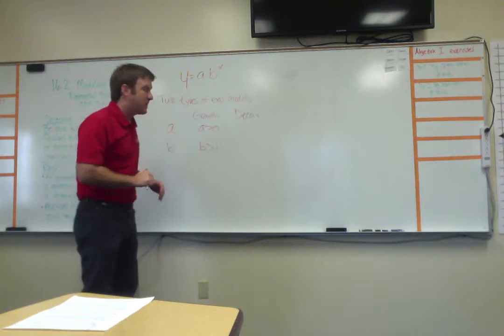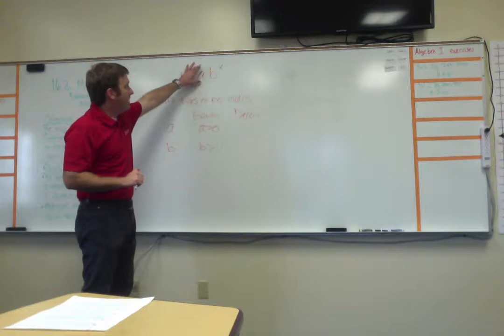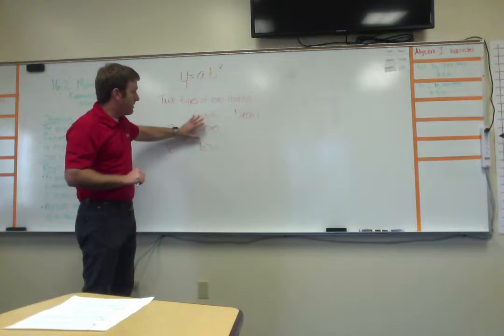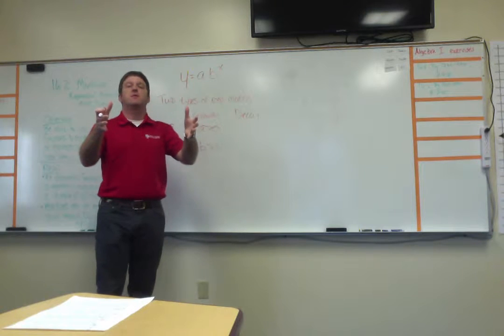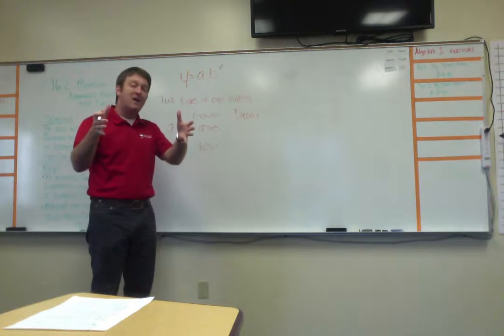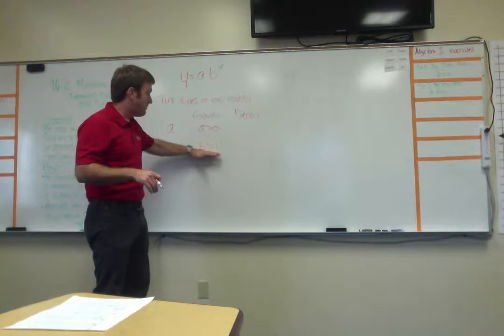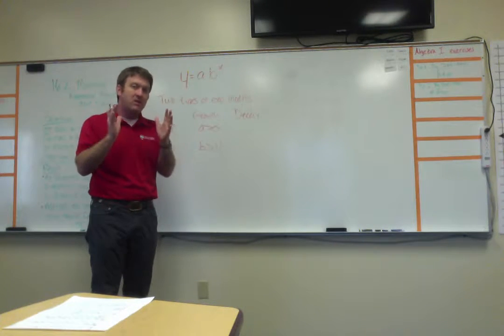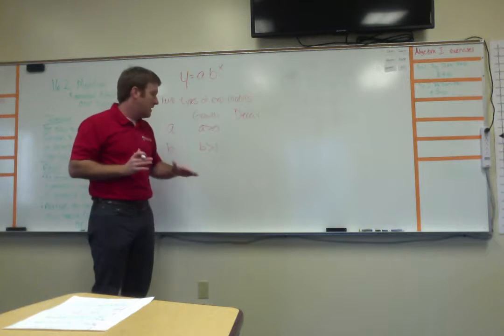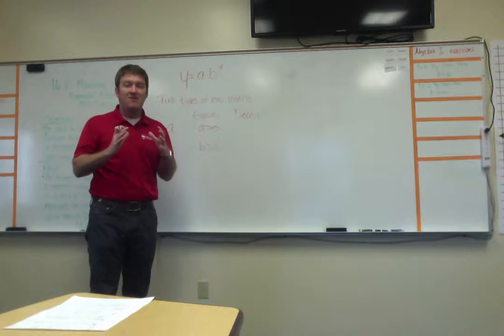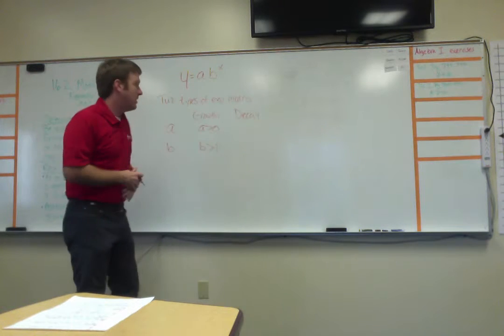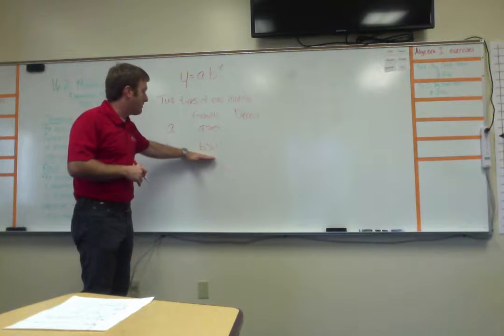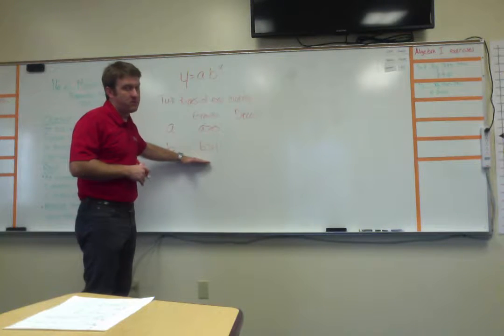So again, because we have an A value that is greater than 0, we have a quantity of something. And then the rate at which it changes is a factor greater than 1, because if B was a fraction, something between 0 and 1, it would be getting smaller every time you multiply by B. But since B is greater than 1, every time I multiply by something greater than 1, the quantity gets bigger, okay? So we have A greater than 0 and B greater than 1 for a growth model, okay?